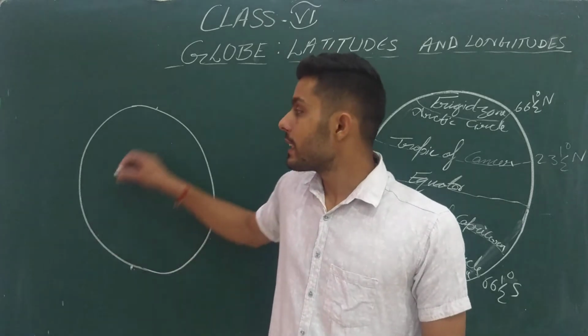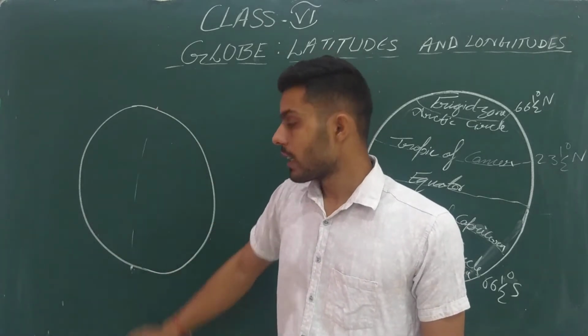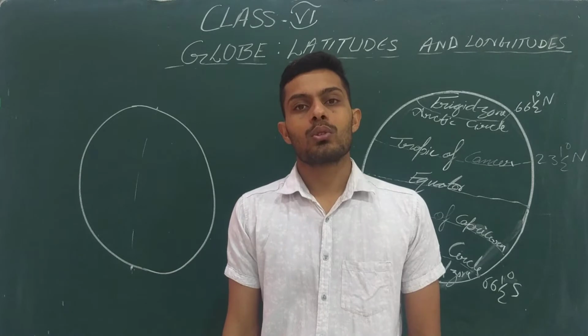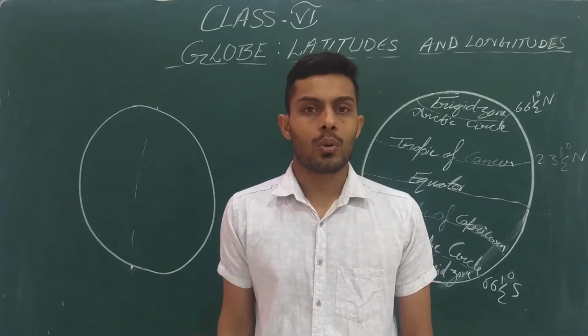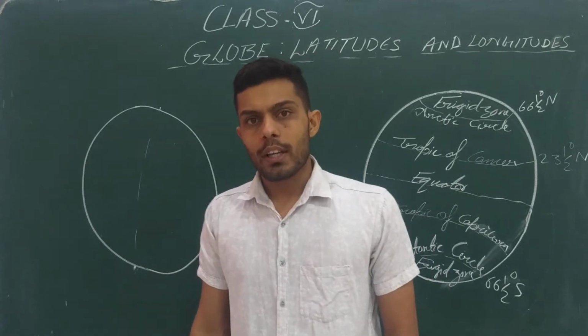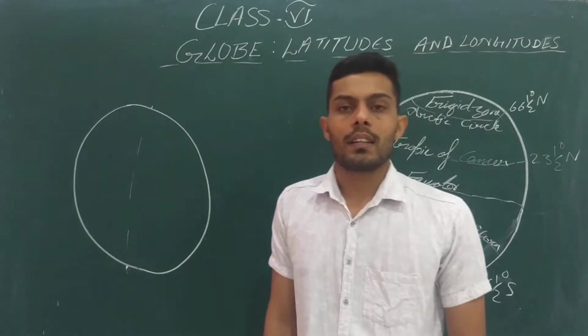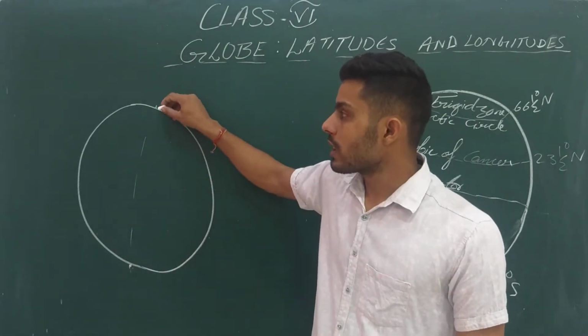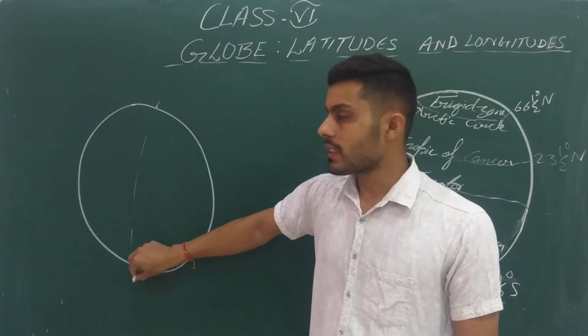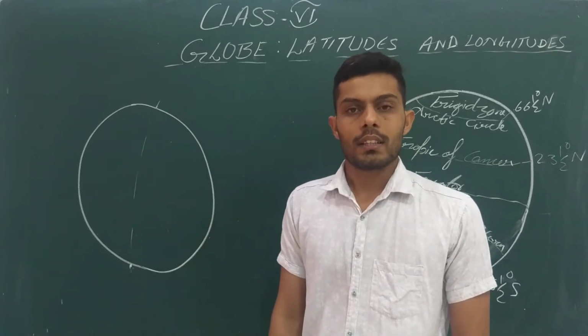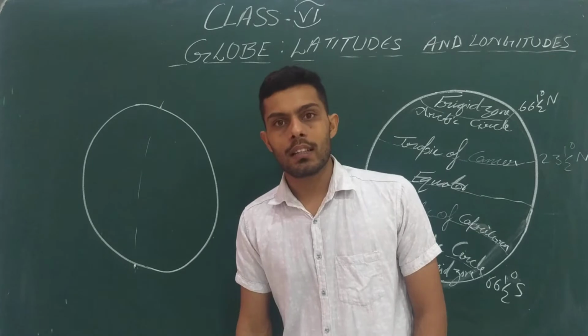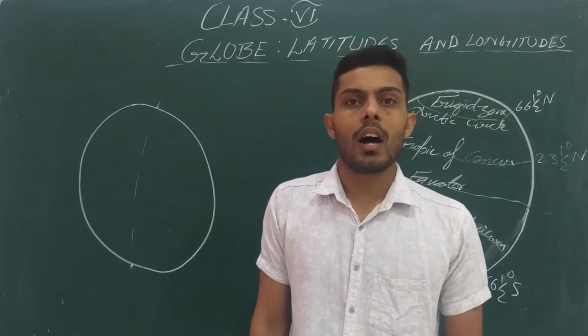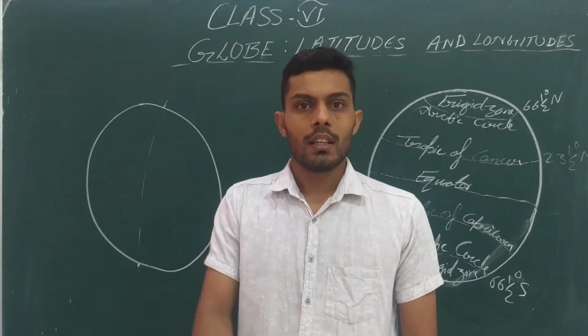Axis means an imaginary line through which our earth or our globe is rotating. In real life there are no such holding pins. Got it? There is only an imaginary line that we consider, around which the earth is rotating.